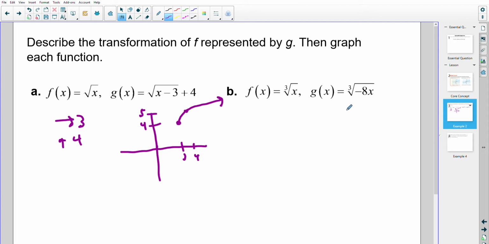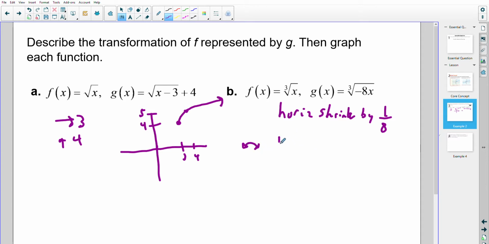Looking at this one, okay, so a couple things. First of all, this is a horizontal, and it's by a factor of 1/8, so it's going to be a shrink. It's going to go away from the horizontal axis by 1/8, and then this negative is applied to the x, which means that it's going to reflect this way.